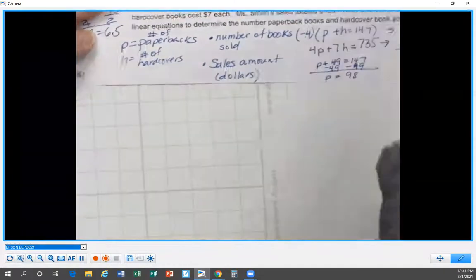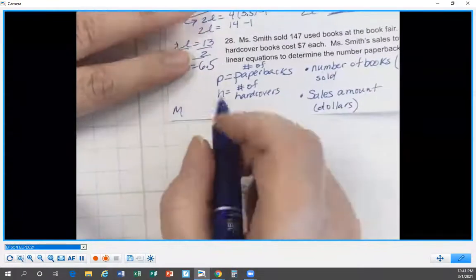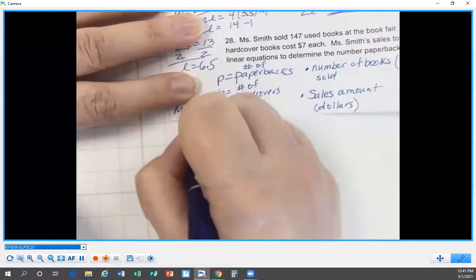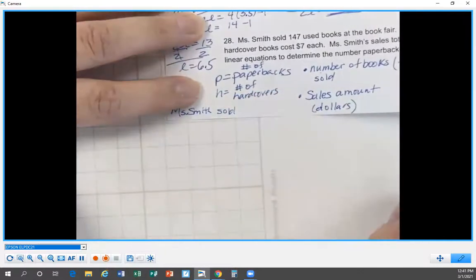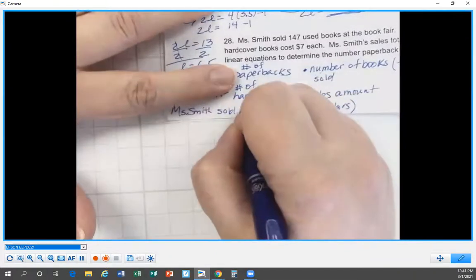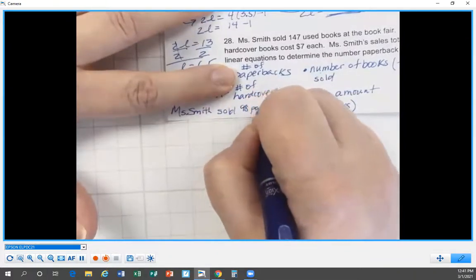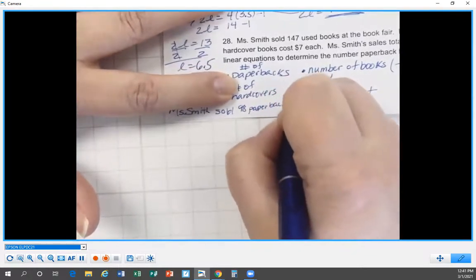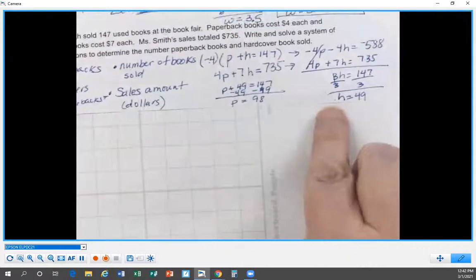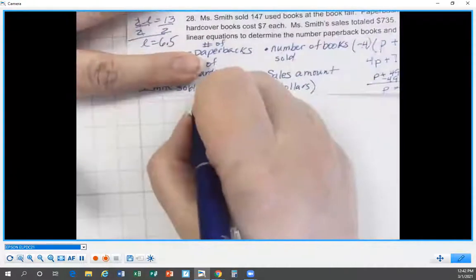So Ms. Smith, I'm so out of room here, but I'm just going to squeeze it in the corner. Ms. Smith sold 98 paperbacks and 49 hardcovers.